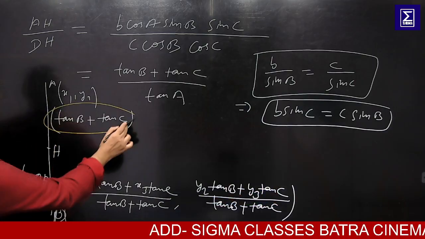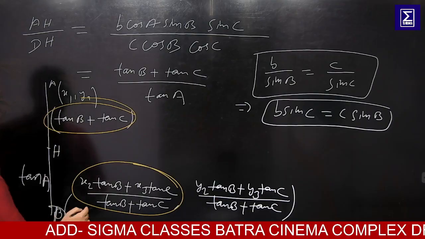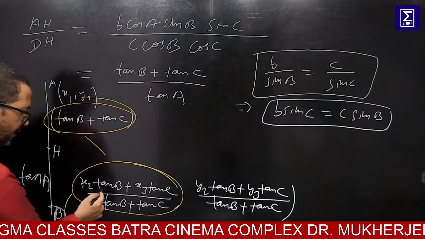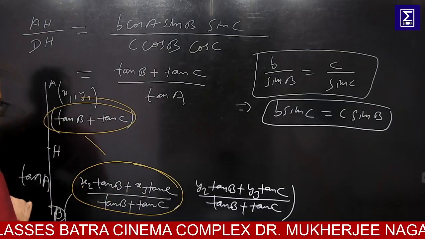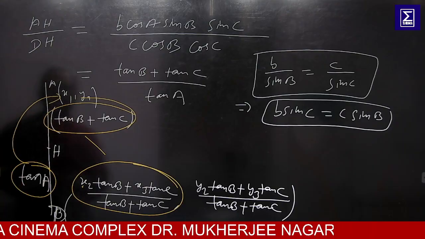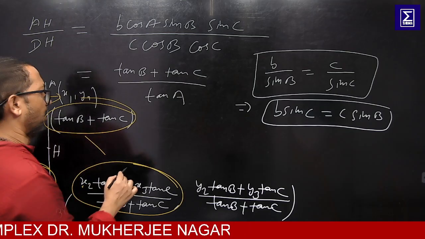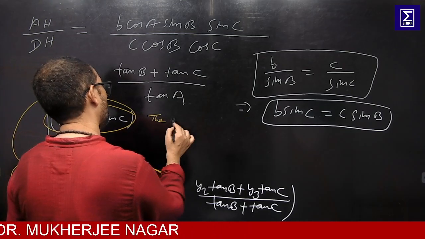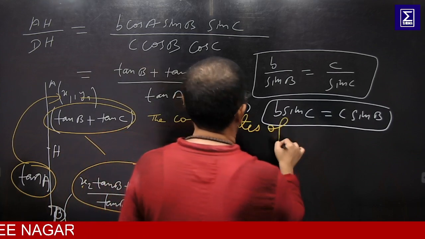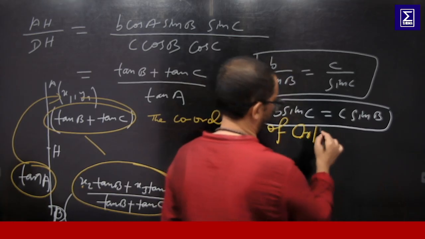In the section formula, this tan B plus tan C will be multiplied with this. Then tan B plus tan C in the denominator, this and this will get cancelled. You are left with only x2 tan B plus x3 tan C. And if you multiply tan A, you have to multiply with x1. In the denominator, what will you write? Tan A plus tan B plus tan C. So the coordinates of, what is this? Orthocenter, right?